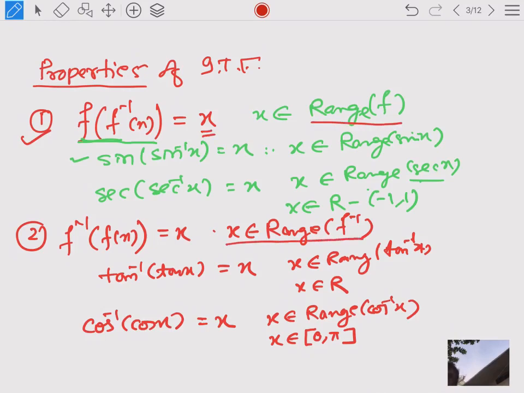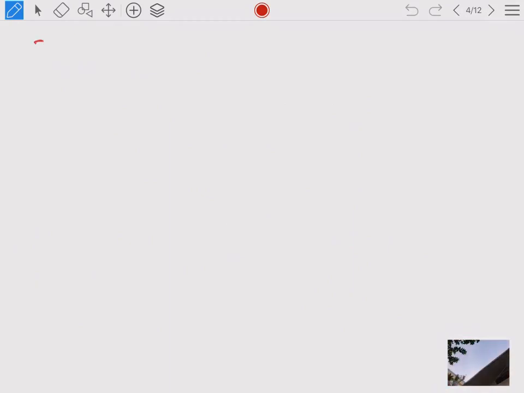Here there are 6 formulas for the first rule, and 6 formulas for the second rule also. I hope you all understood this formula. Now after the first and second properties comes the third property.